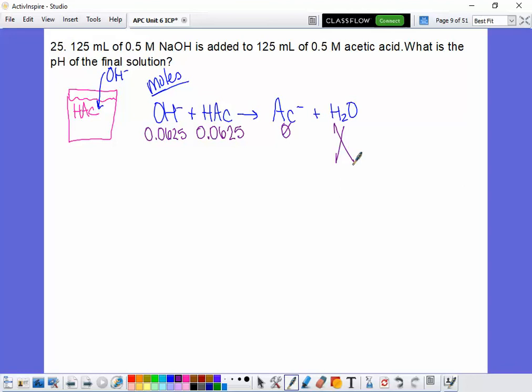Okay? So, what do you notice about the amounts of both of our reactants? They're the same. So which one's my limiting reactant? Neither or both, however you want to think about it. But we have a complete reaction, right? It's equal molar amounts, so both of these are going to get completely used up.